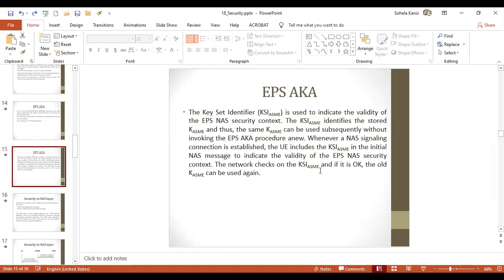When the same KSI is shared, then the old KASME can still be used for security key generation.